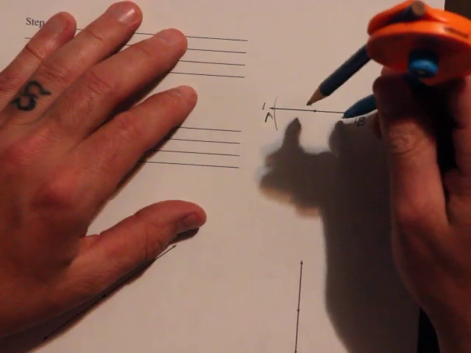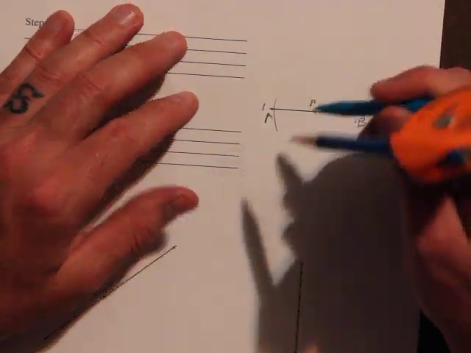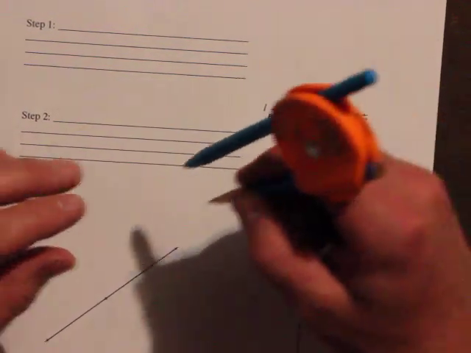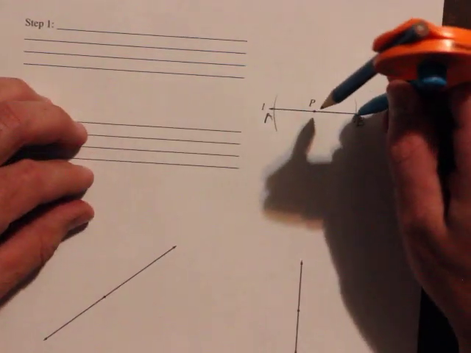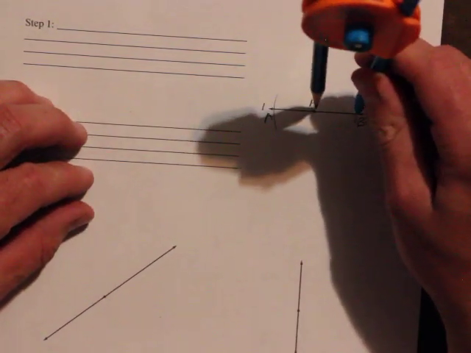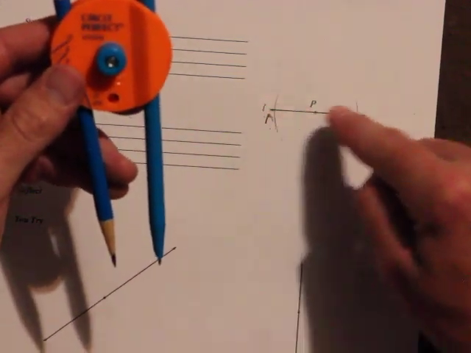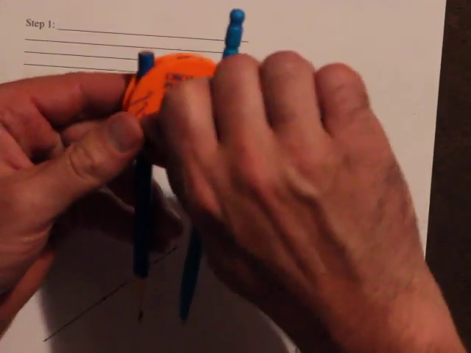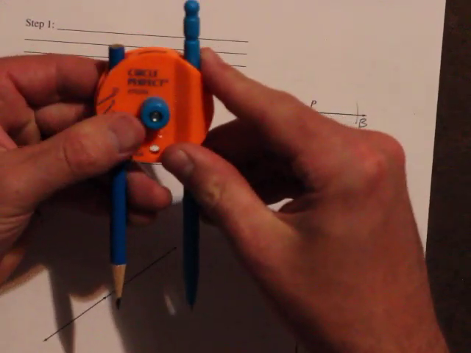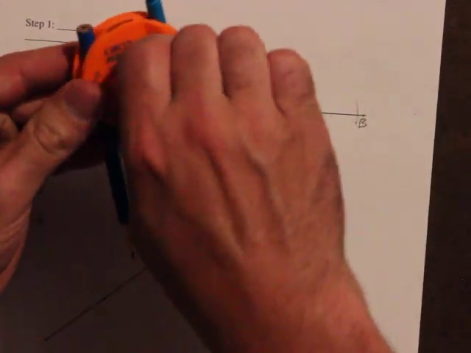And now I'm going to need to open my compass up a bit because I'm going to draw a perpendicular bisector, but that's not going to work if my compass isn't open more than halfway across this segment AB. So I've got to open it up a little bit. There we go, that should work.